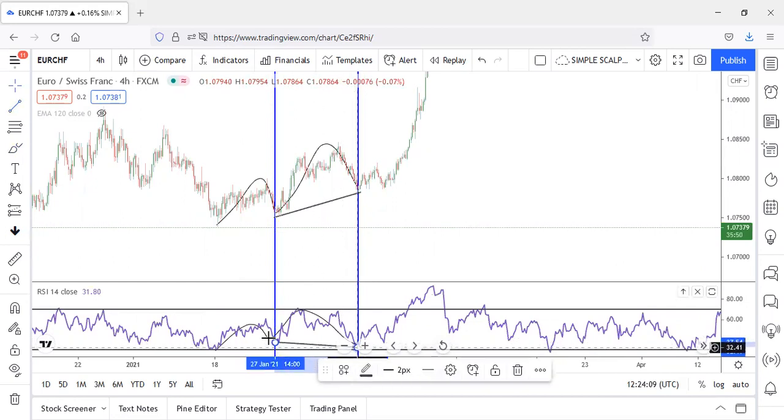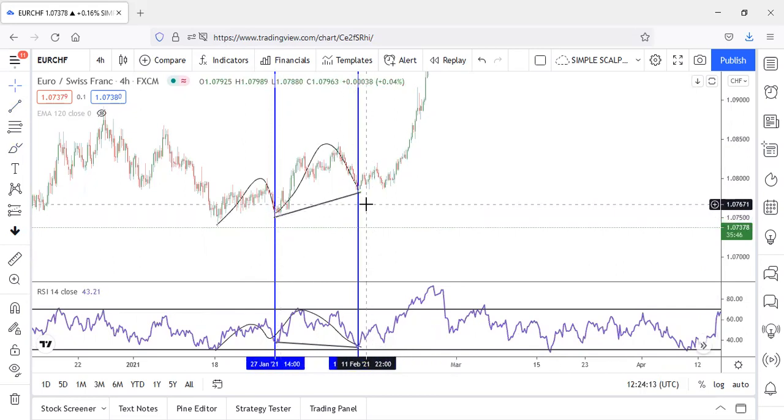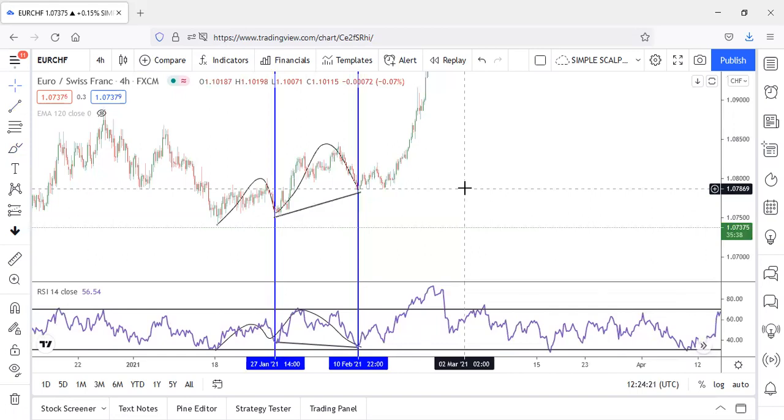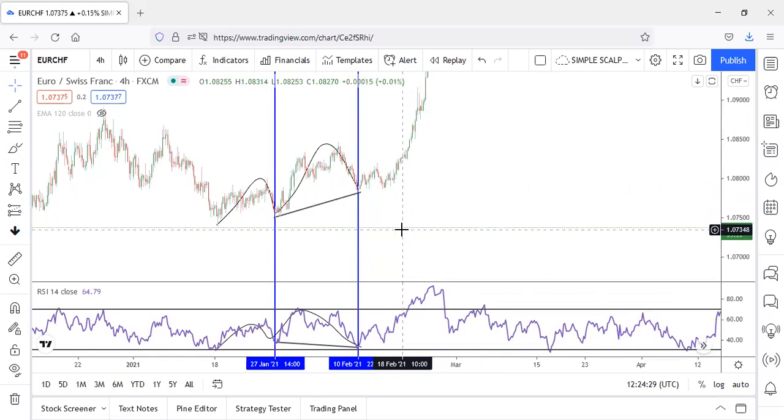If you can spot a slope in the opposite direction, as you can see, this one slopes up while this one slopes down, then this tells you and I that hidden divergence is in place. All right.